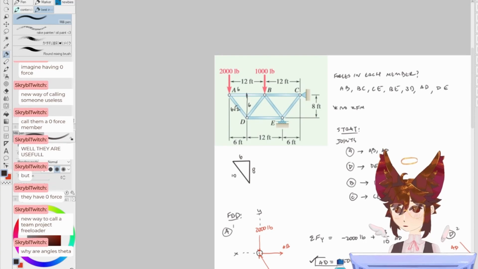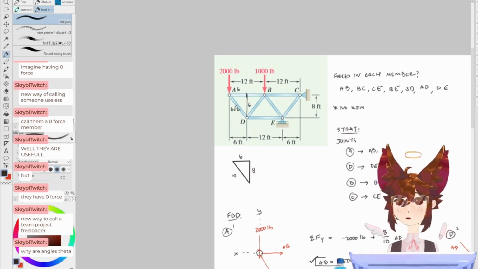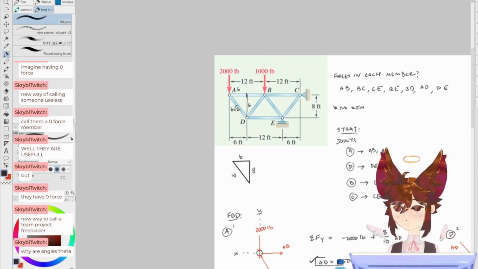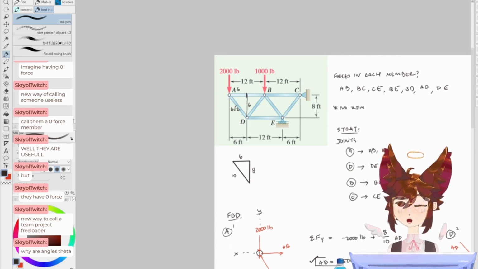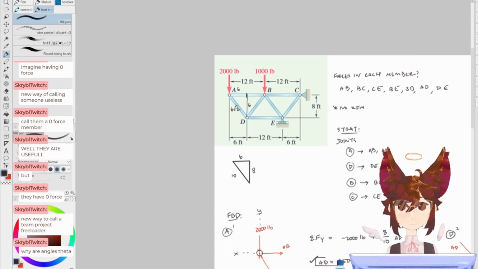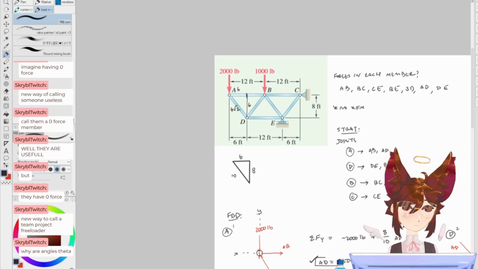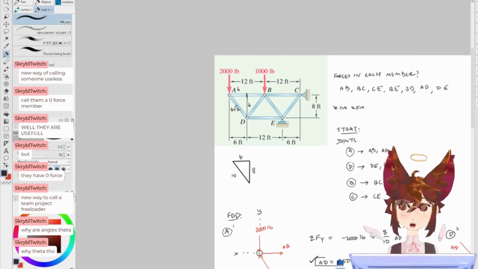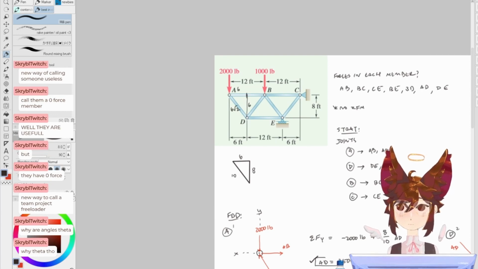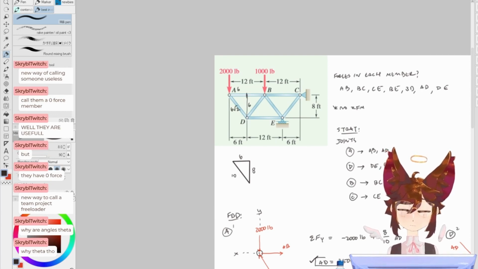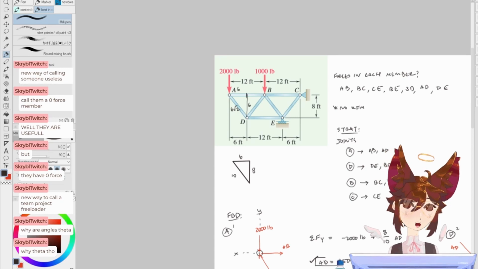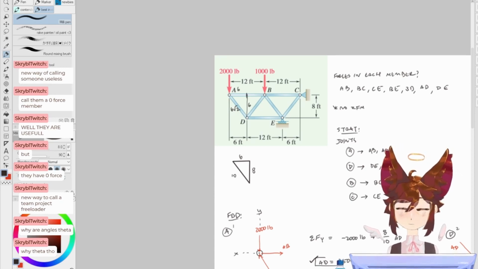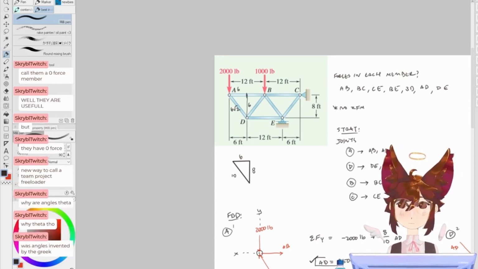Why are angles theta? That's just the Greek letter that we use to identify them. I think somebody just decided to start calling them theta when angles were conceived, and then we just kept doing it. It's the same thing as why we call density rho. I don't know. Let's look it up. Why is the angle symbol theta?